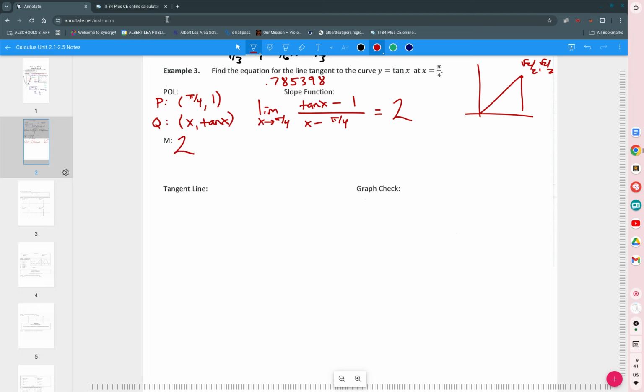So our slope is 2. In order to write our equation for our tangent line, what we need is a slope and a point. The point that we pass through is pi over 4, 1. That's the one spot that the line goes through on the graph. And the slope of the graph is 2.